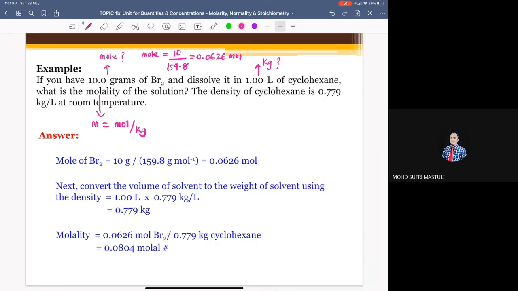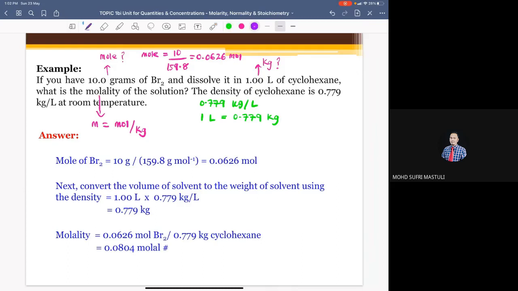So that's the number of mole. And then from the density of cyclohexane, 0.779 kilogram per liter, meaning that 1 liter is equivalent to 0.779 kilogram. So it dissolved in 1 liter, so the mass is 0.779 kilogram of cyclohexane.